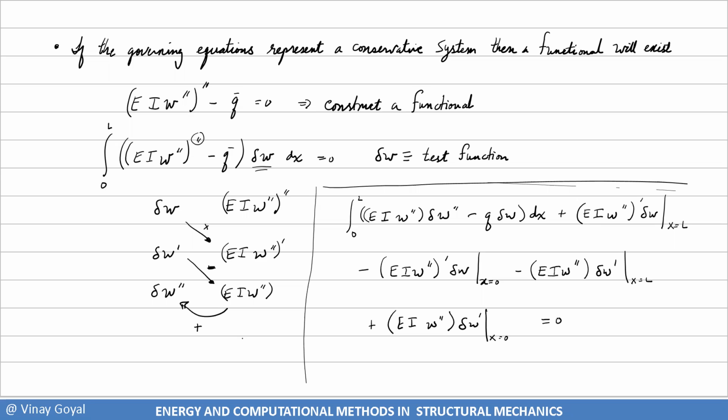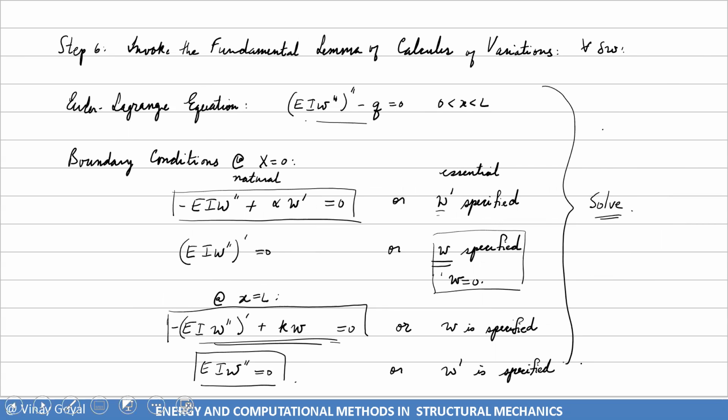So what I want to do next is use the boundary conditions that I have, and substitute them in. For example, EI W double prime, here at x equals L, I know what this is. We know that at that boundary at x equals L it is equal to KW.